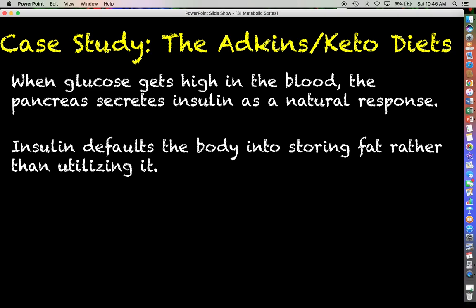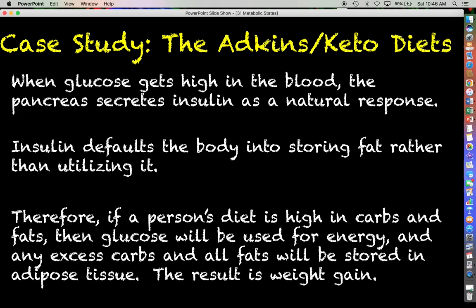It makes it very hard to use that fat for energy. So what you're doing when you eat food that is high in carbohydrates is using the carbohydrates for energy, and then any fats that are there as well get stored up in your midsection as fat tissue rather than being used for the great amount of energy that they have. So that's a problem, right?